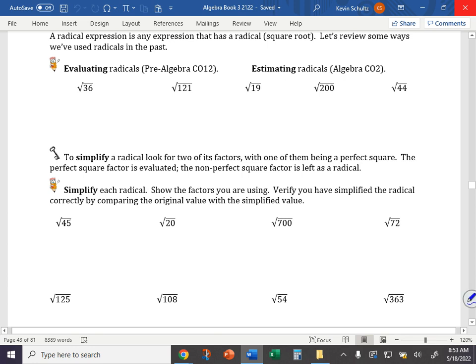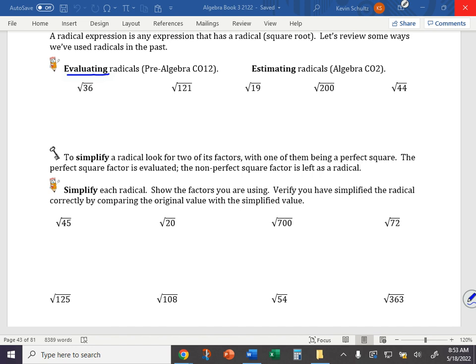Starting with evaluating and estimating, Alex, yes. When we talk about evaluating versus estimating versus simplifying, those are 3 different things. When we evaluate something, it means we can come up with a recognizable value, a whole number, an integer, something that we can look at and say, yes, I know how much that is.